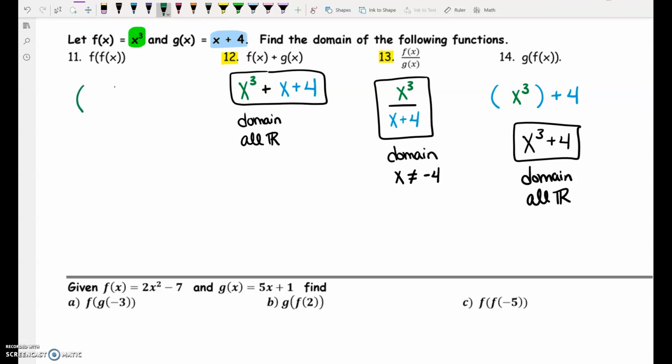We're doing something cubed. We're taking the f function and we're plugging it into itself. So what goes inside the parentheses is x cubed. Now there's parentheses, so we multiply those exponents. This becomes x to the 9th, and your domain is all real numbers.